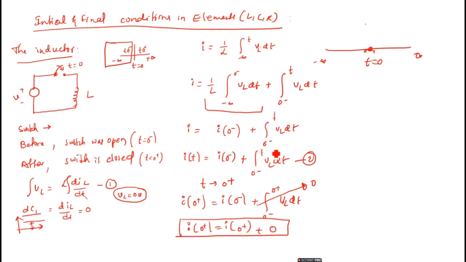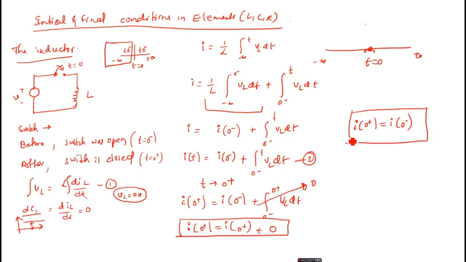In that interval the voltage is constant, and the integration of a constant is 0. Or else you can say that immediately before and after switching, the voltage across an inductor is 0, so this value can be treated as 0. So the final expression is I of 0 plus equals I of 0 minus.